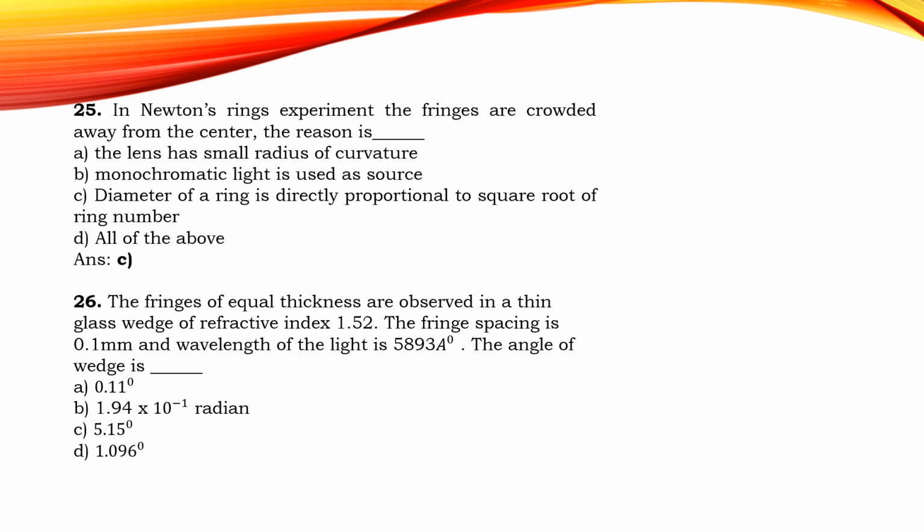The angle of the wedge is, and the options are 0.11 degree, 11 degree, 1.94 into 10 raised to the power minus 1 radian, 5.15 degree, 1.096 degree, and the right answer is option A, 0.11 degree.